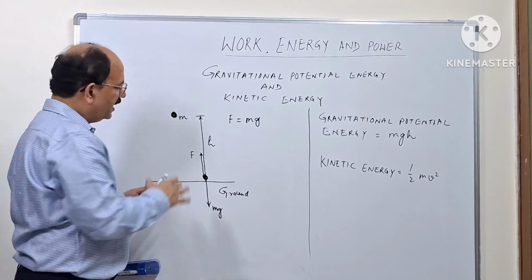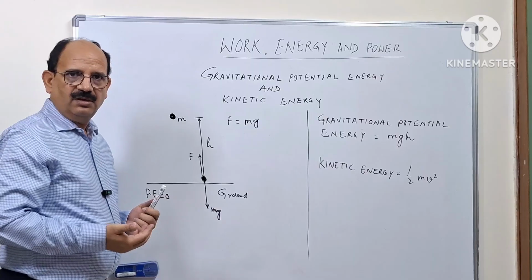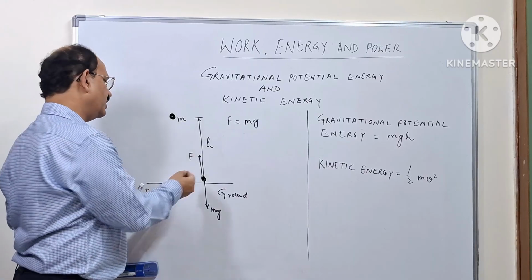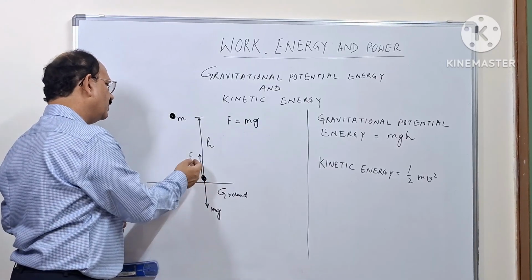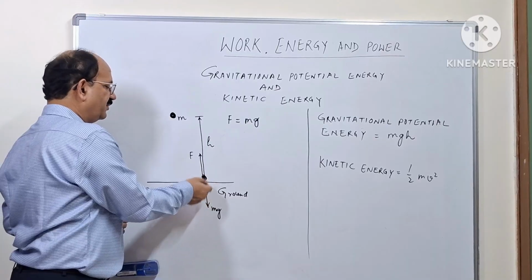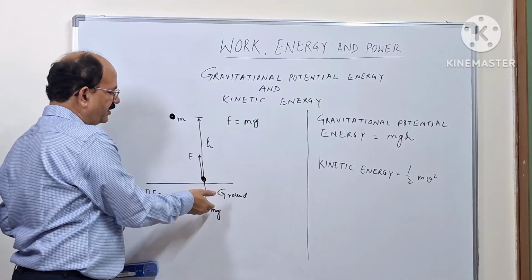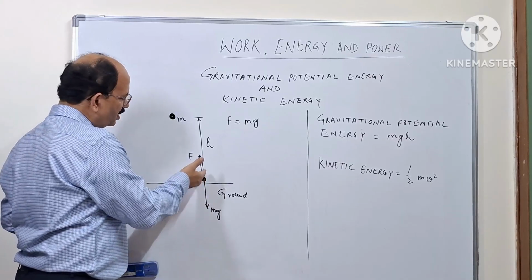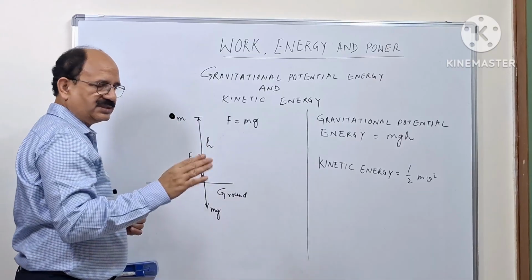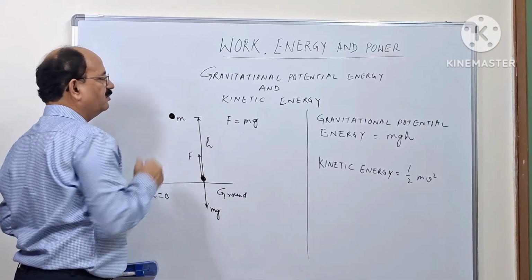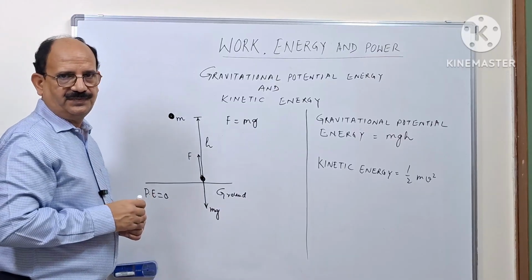This part is not elaborated, but be clear about it: for initial motion you apply a bit higher force than mg, and once the ball starts moving, bring it back to mg, and then with constant speed, that is with zero acceleration, you can move the ball up to height h.